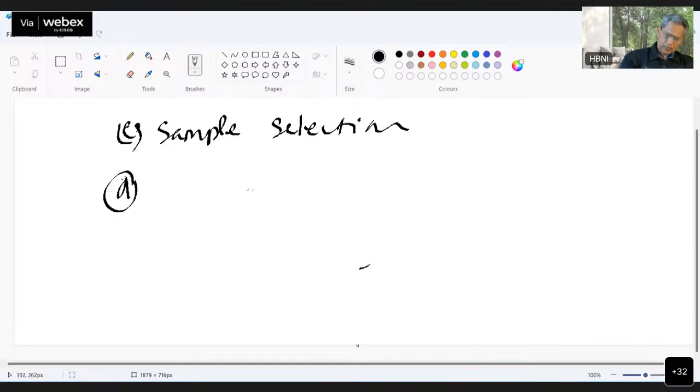Then D is collecting data. Where can the required data be found? You have to make sure who will be your respondent, to whom you will be giving your interview, or whom you are giving your questionnaire.